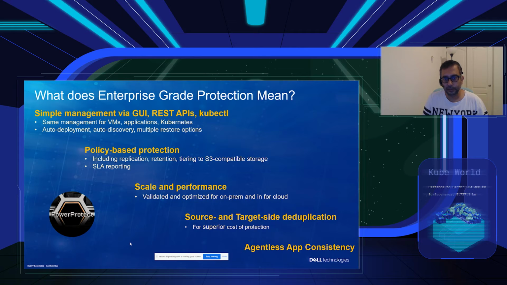The second major aspect, which is very important, is policy-based protection. A policy is a single definition that includes multiple aspects. Within a policy, you define how you want to replicate the data, how long you want to retain it, and if you want to tier it to a long-term archival solution like S3.